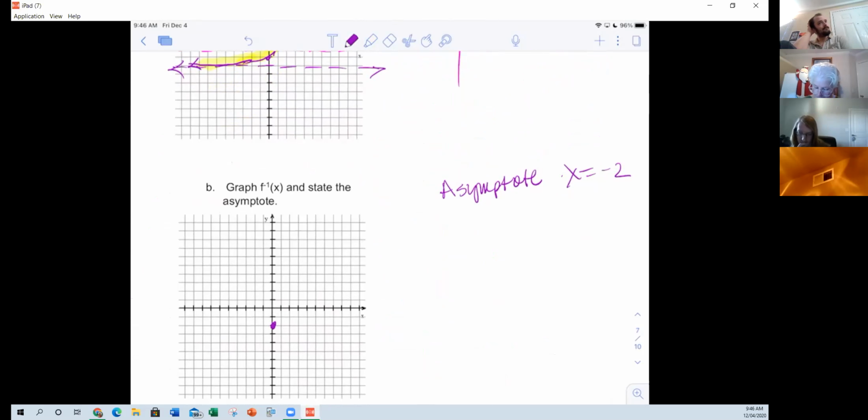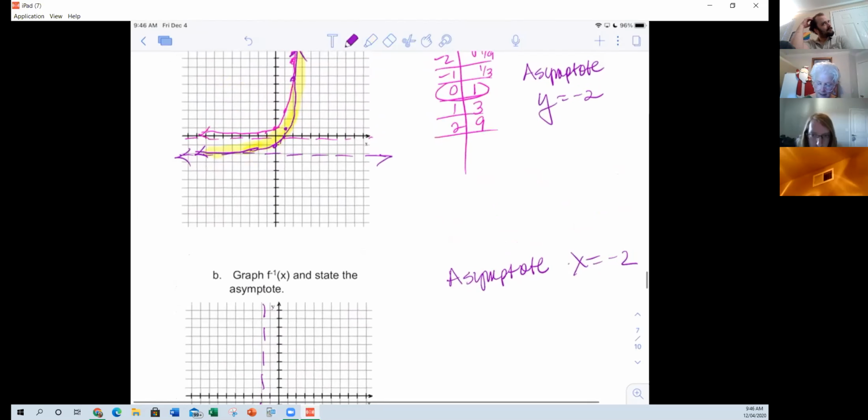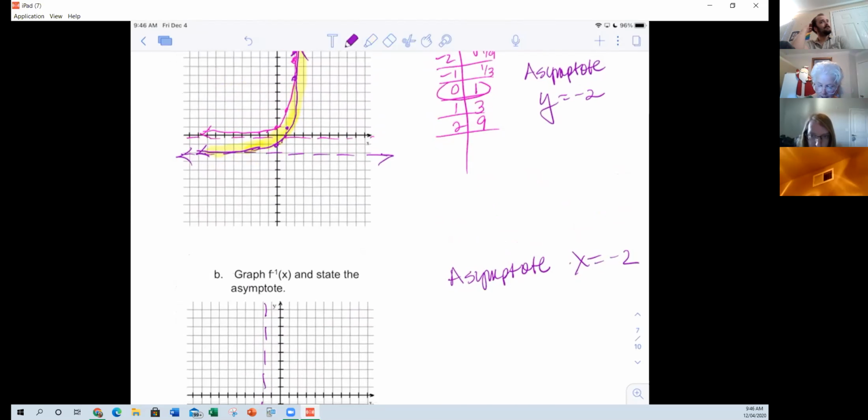And then I go back to the function that I've highlighted. 0, -1 would become 1, 0. 1, 1 would stay 1, 1.